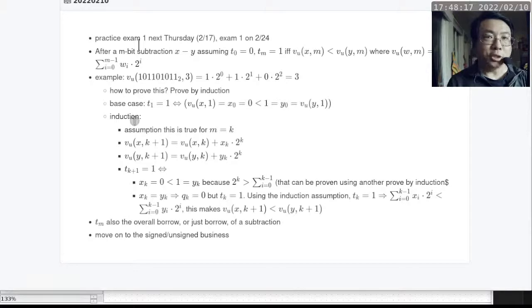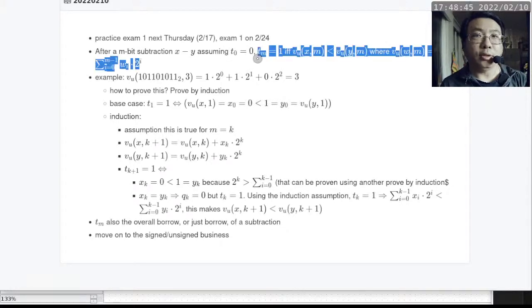In the induction step, for those of you who have not taken CISP310, or you took it from someone who did not explain proof by induction, it's okay. In this class, we are not concentrating on proofs, but for those of you who want to see what proof by induction is, basically what we do is we make an assumption first that the theorem, which is this part over here, is going to work.